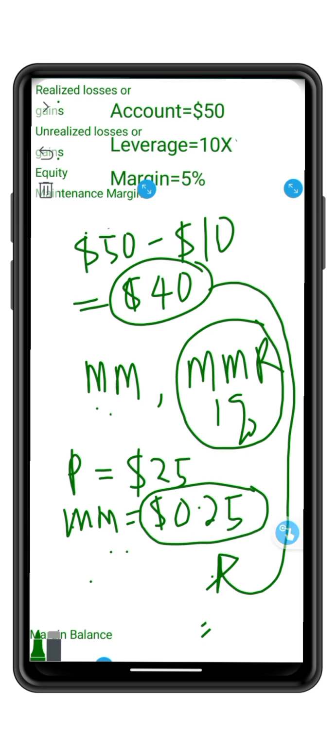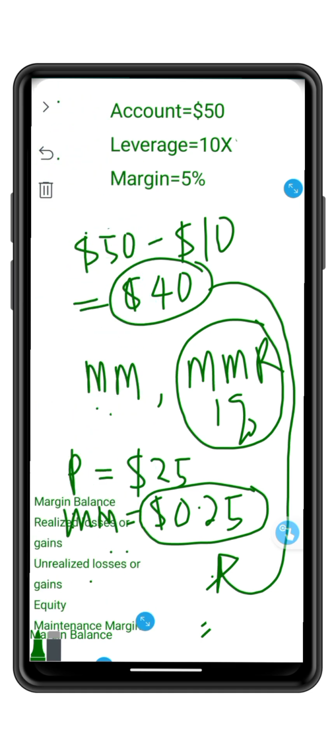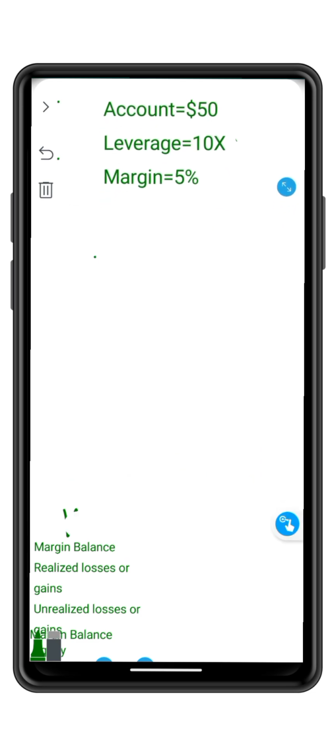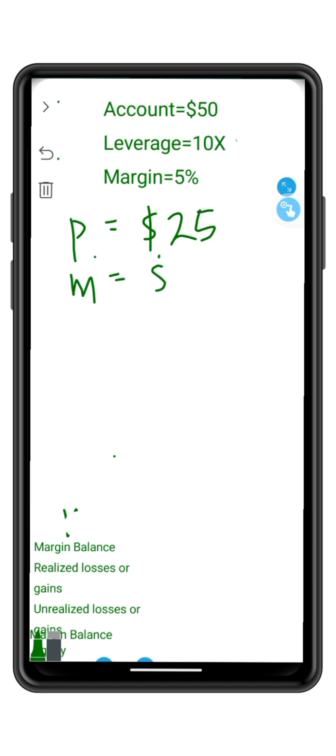For isolated, remember I told you, only the margin you put into the trade is at risk. So for isolated, let me erase all of this so you would understand what I'm saying. On isolated, we still have these details: account balance 50, leverage 10x, margin 5%. So that means your position size is 25 US dollars, and your margin is 2.5 US dollars.